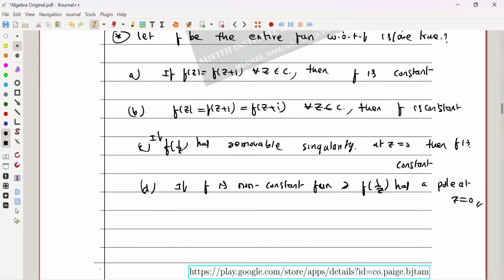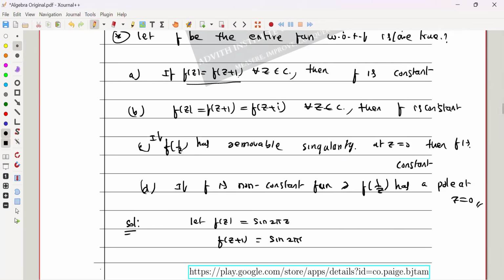So f of z equal to f of z plus 1 means f is a periodic function of period 1. Then is f constant? For example, let f of z equal to sin 2 pi z. What is f of z plus 1?